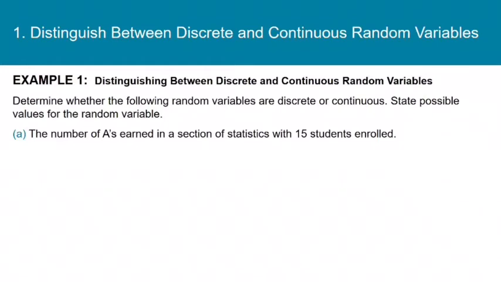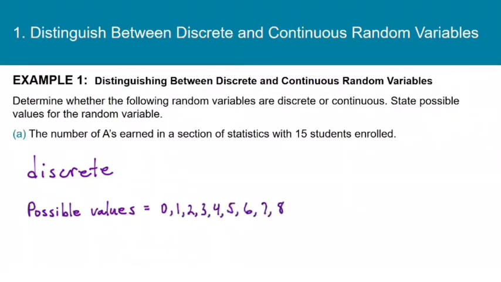For example, the number of A's can't be 2.6 or 3.8. The number of A's has to be either 0 or 1 or 2 or 3, all the way up to 15. So we'll say that this is discrete, and the possible values are all the whole numbers from 0 all the way up to and including 15.